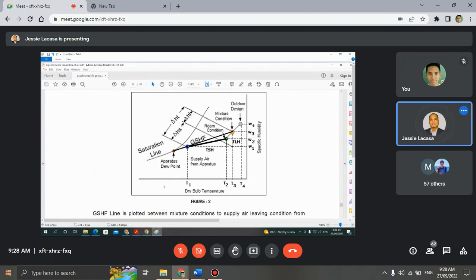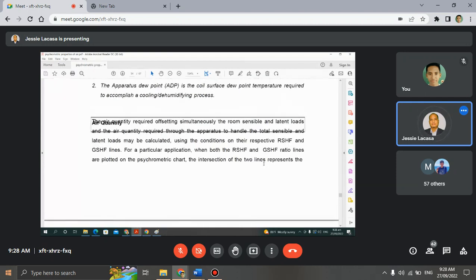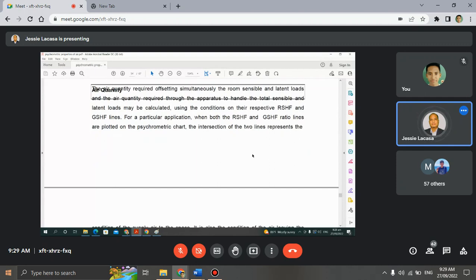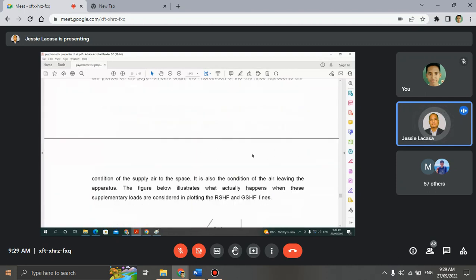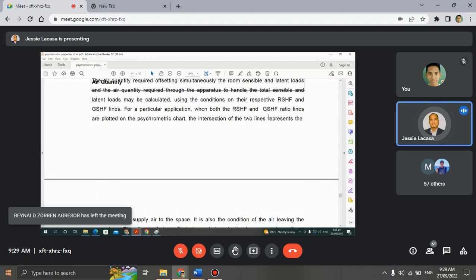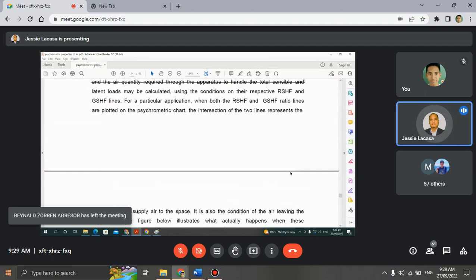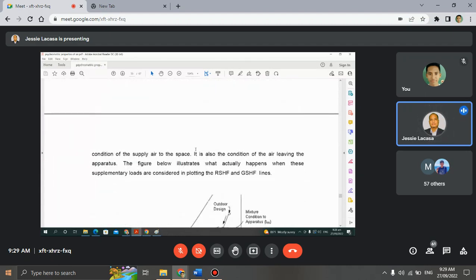So muna, kato ang iyahang intersection. So it is also the condition of the air leaving the apparatus.